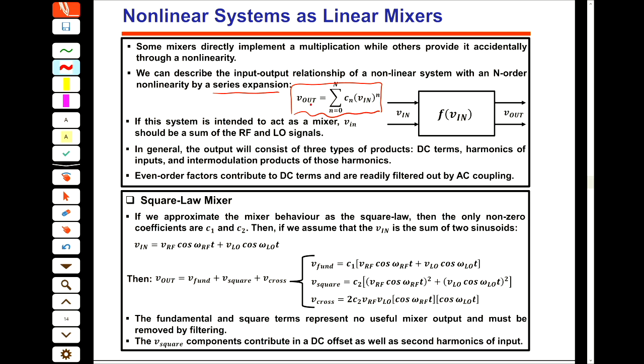So any nonlinear system can be modeled by this. And then I said that we can have a 2 port, and then I put this V in as a combination of the LO plus RF. I mean, I applied both of the signals into port 1, and then look at the output. And this is our output IF.